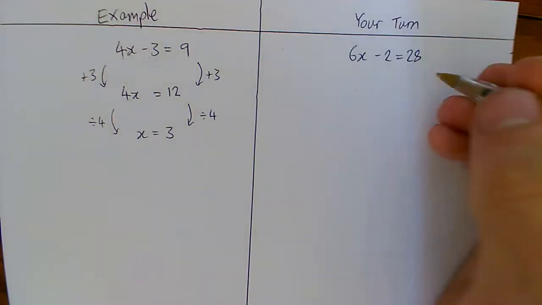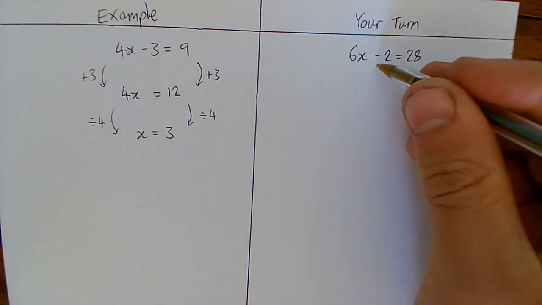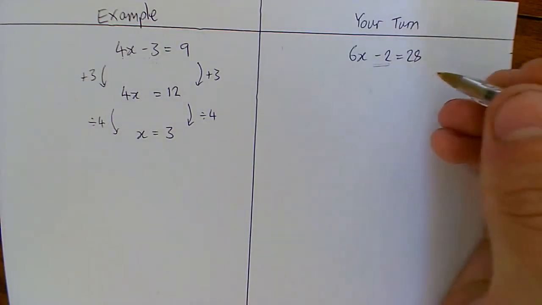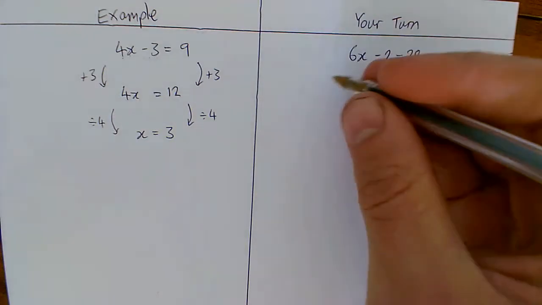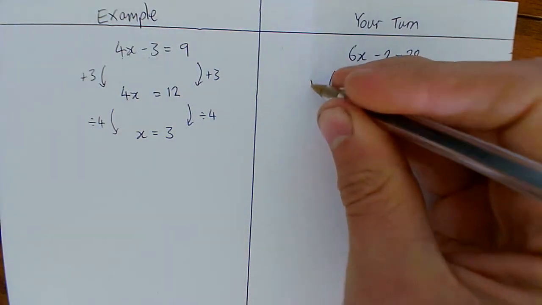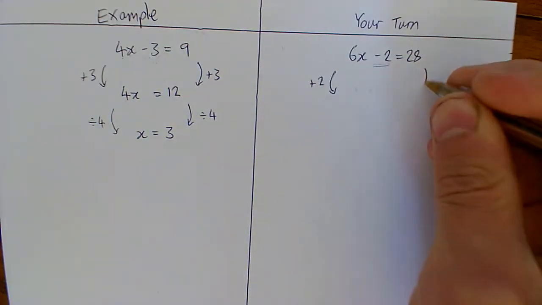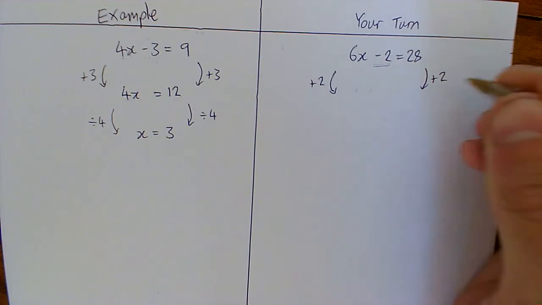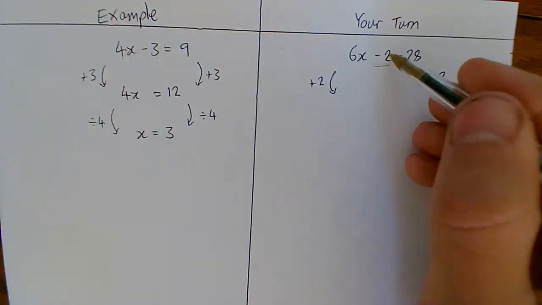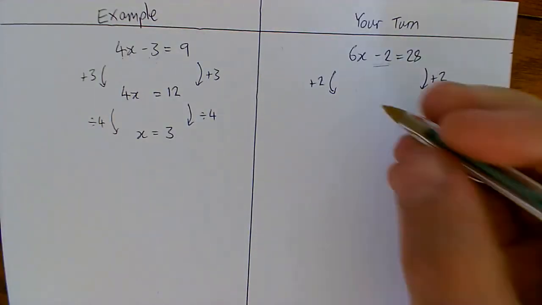Okay, answer to your turn. We've got a takeaway 2 here. The opposite of doing a takeaway 2 is to add 2 to both sides. Remember, we're working back through our order of operations, so we deal with our adders and takeaways first.